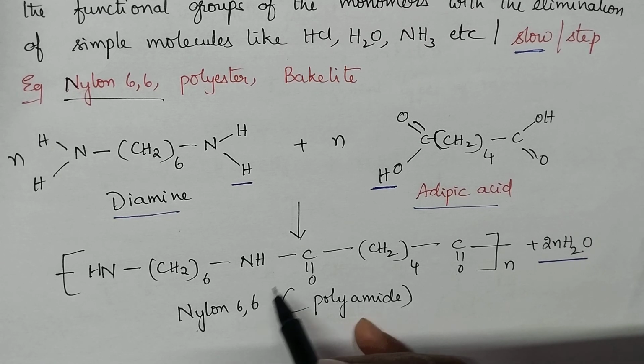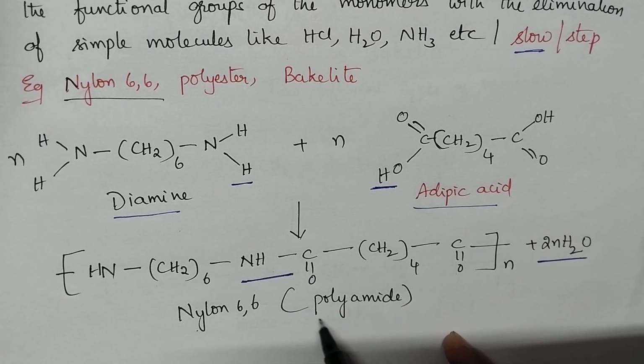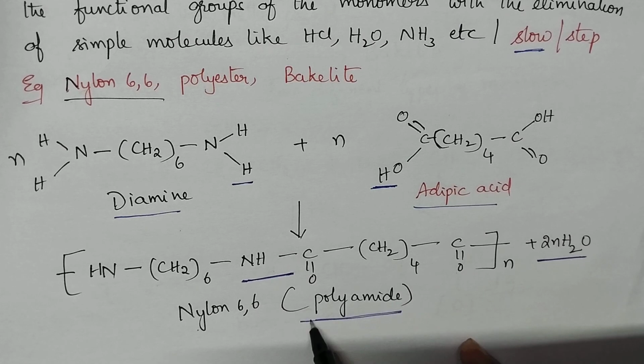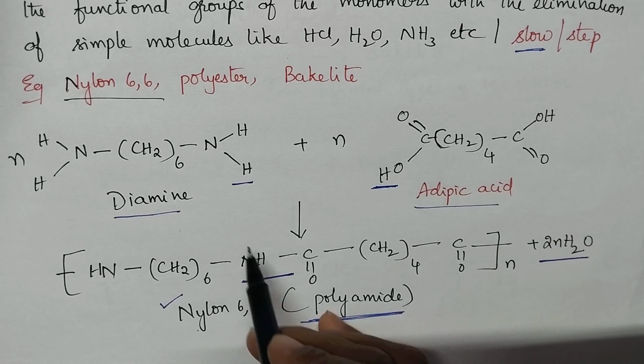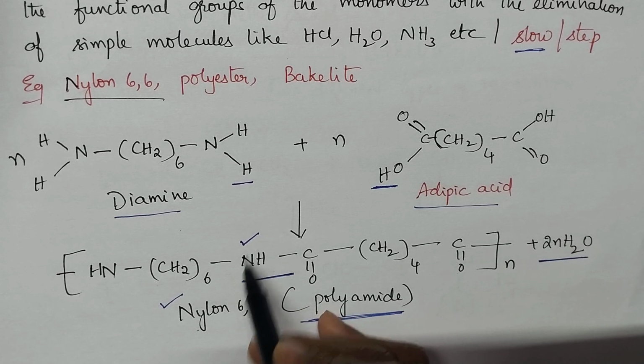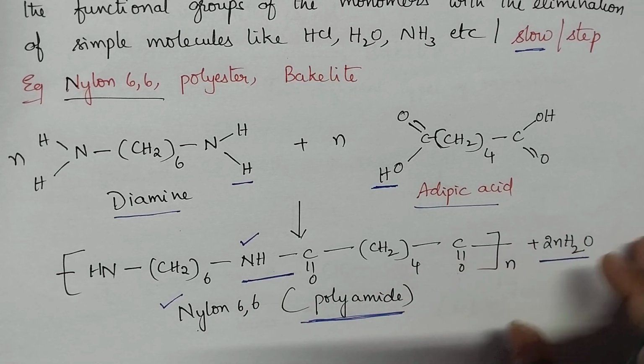Nylon 6,6 generally contains amide as the functional group and hence it can also be called a polyamide. Is it clear? So what is the other name for nylon 6,6? It is also called a polyamide polymer. This is the polymer which contains nitrogen in the main chain of the polymer.